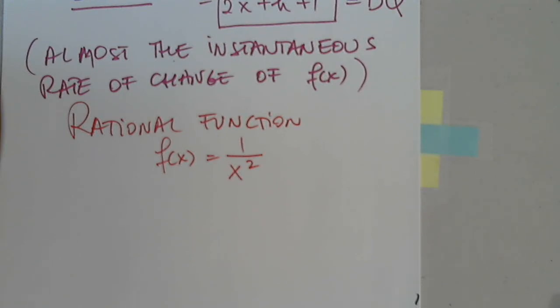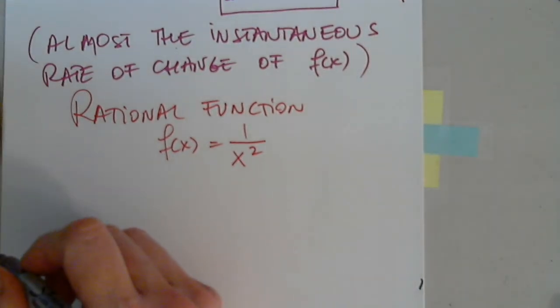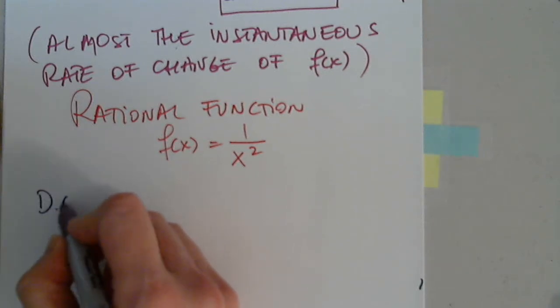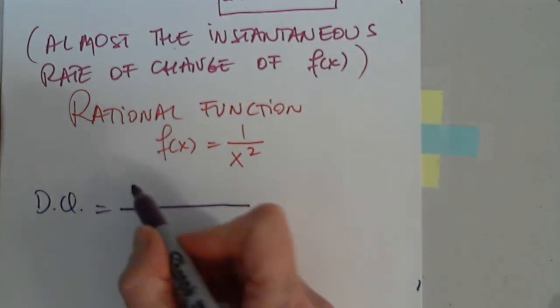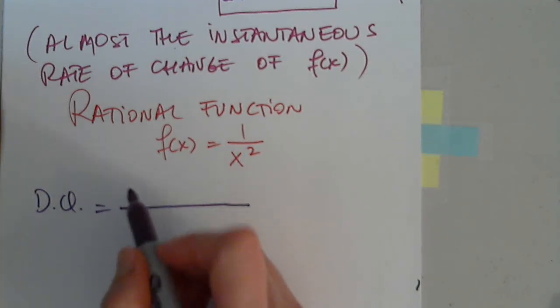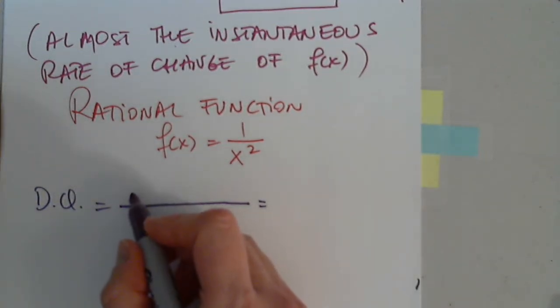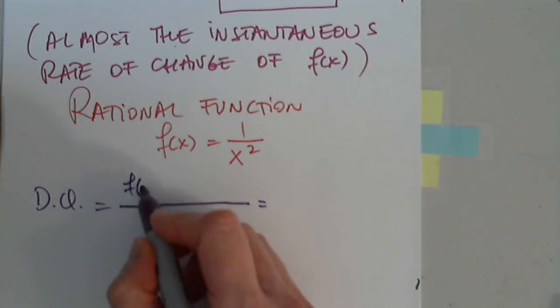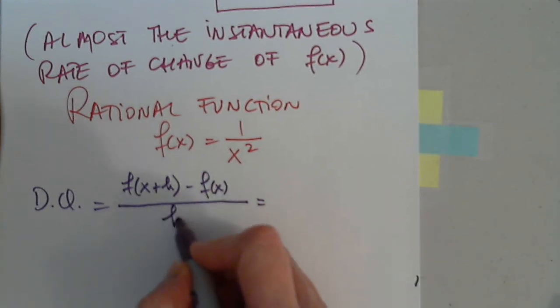What do you think? Can anyone give us the difference quotient? Michelle. Let's just write the difference quotient first, and then we'll continue here. f of x plus h minus f of x, divided by h.